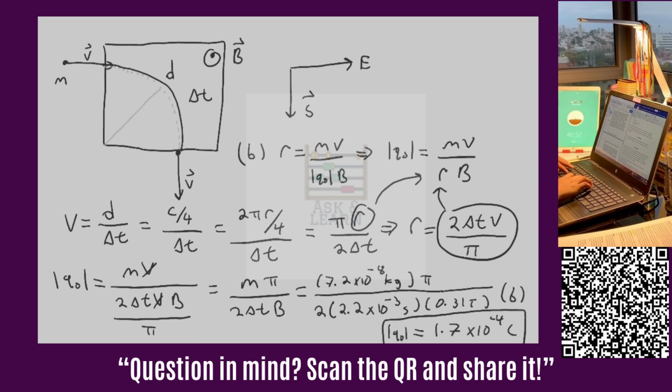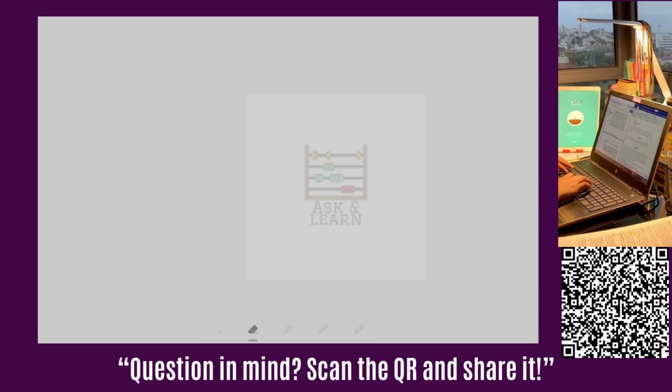Now that we know the value of this charge, we can use it to solve part A pretty quickly. Part A asks, what is the magnitude of the magnetic force that is acting on this particle?